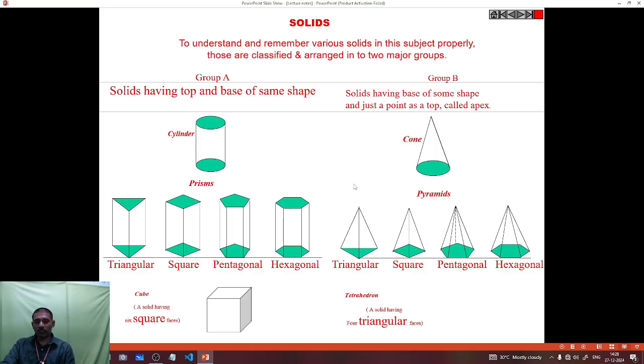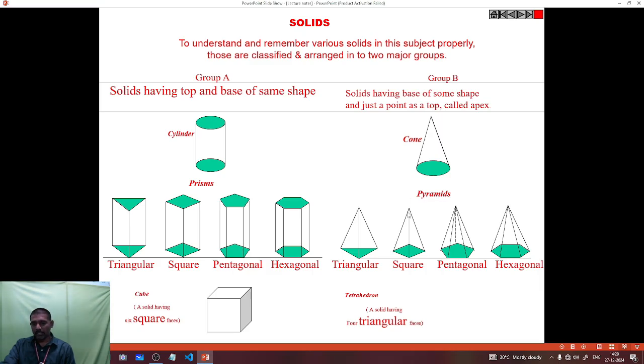So we can see the difference between the prism and the pyramid. Here the prism has bottom and top of similar geometry and similar dimensions. Here the pyramid's bottom is some other shape, which may be a square, pentagon or hexagon. What about the top?